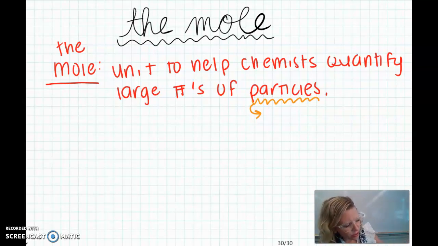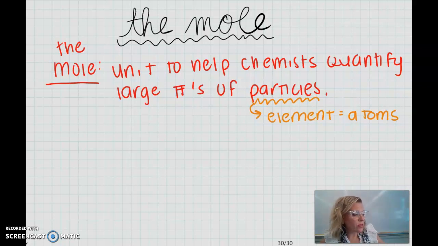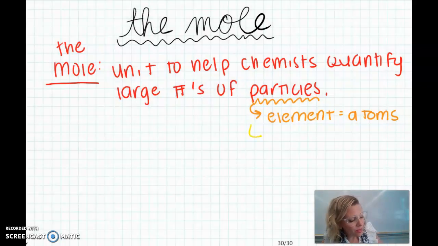But if we're talking about something like a compound, we can't use the word atoms anymore because when something's in the compound, they're chemically combined, and therefore we have to use the word molecules.